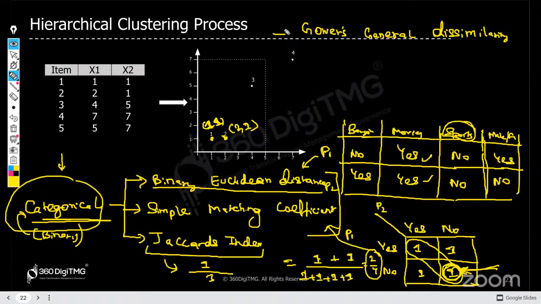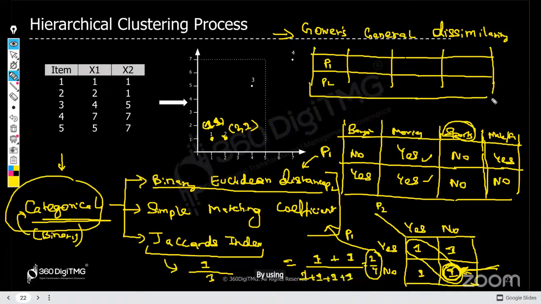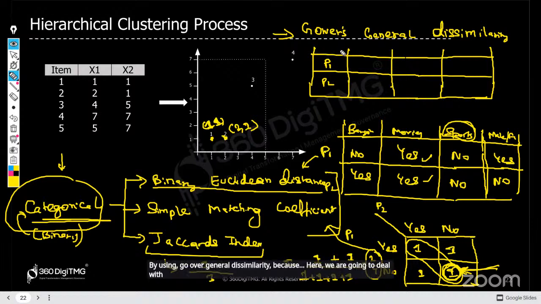So what is this Gower general dissimilarity? Imagine we are having multiple columns and I want to find the distance between person 1 and person 2 by using Gower general dissimilarity, because here we are going to deal with both categorical and numerical.